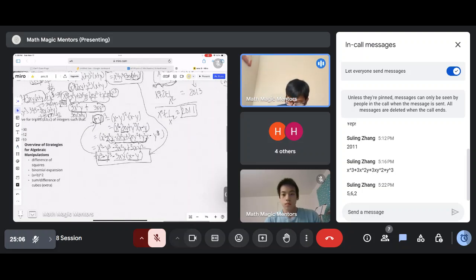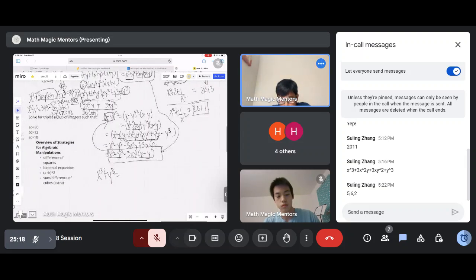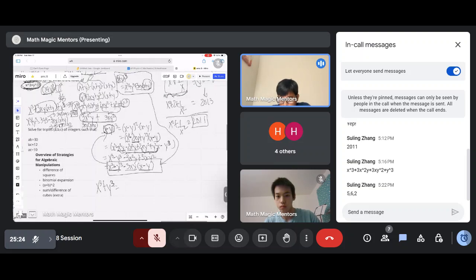So, if we have the sum of two cubes, x cubed plus y cubed, can someone help me get to what this identity could be, or suggest next steps for coming up with this identity? It's actually very derivable from some of the things we have here.